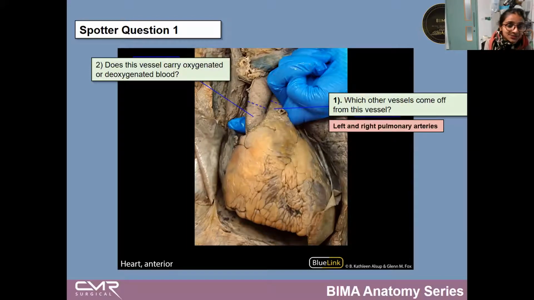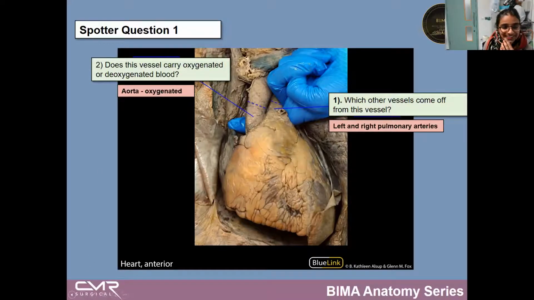And your coronaries, as you'll see later in some of the other questions, are much, much thinner, much, much smaller. So this first label is your pulmonary trunk. Which other vessels come off it is your left and right pulmonary arteries.